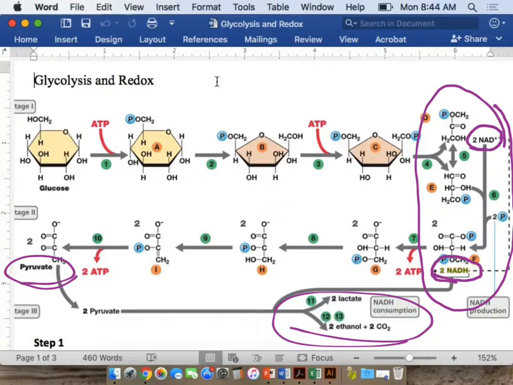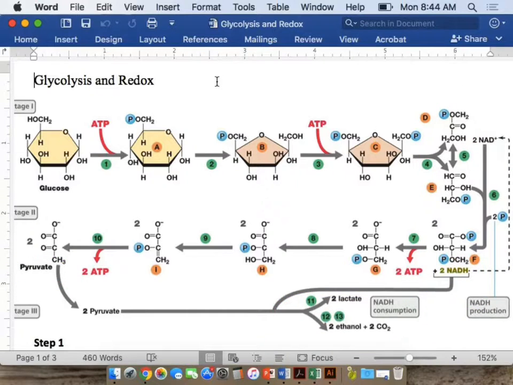All right. And then isomerization reactions. These are harder to identify unless you've got maybe the molecular formula. Derek? So step 5 definitely is one of those spots. This is where we get the conversion of one of these 3 carbon molecules into the other.